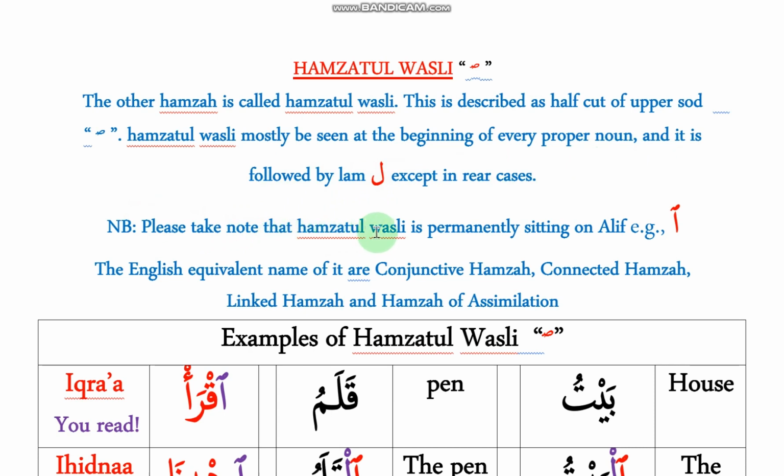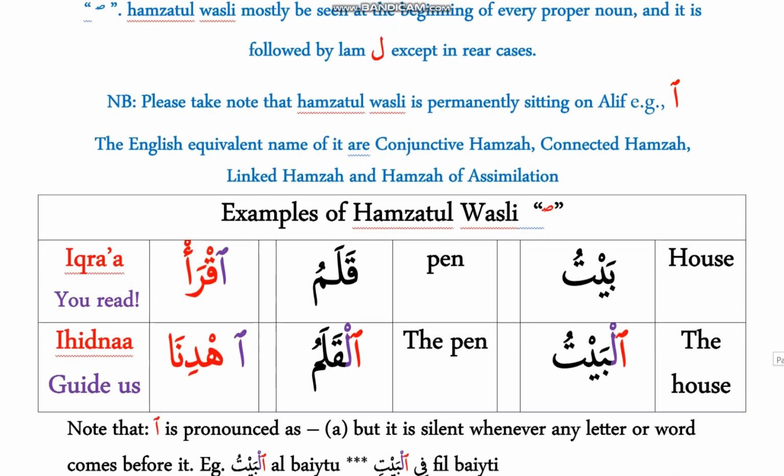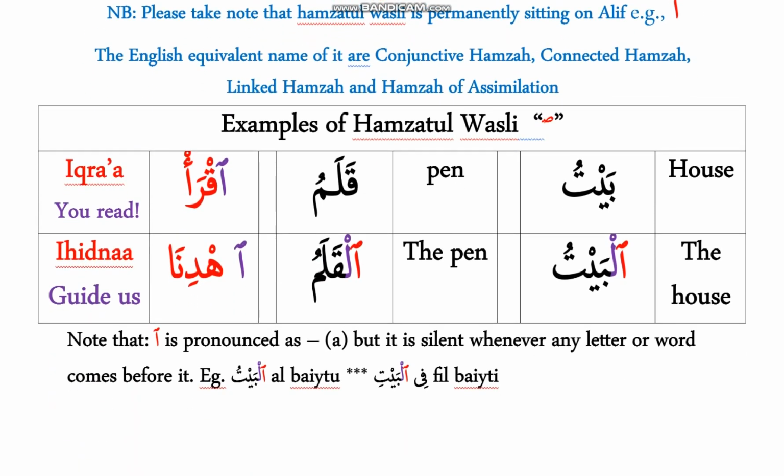Please take note that Hamzatul Wasli takes a permanent seat on Alif. The English equivalent names of it are conjunctive Hamzah, connected Hamzah, linked Hamzah, and Hamzah of assimilation. Those are the names. And how does it work?